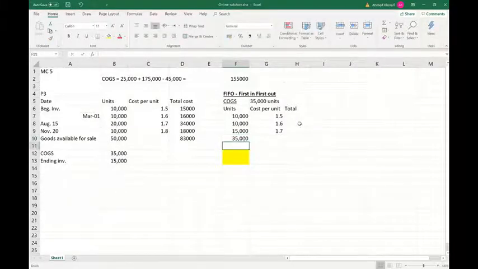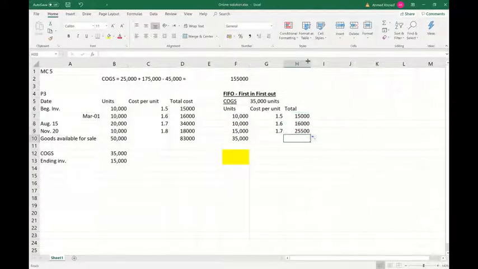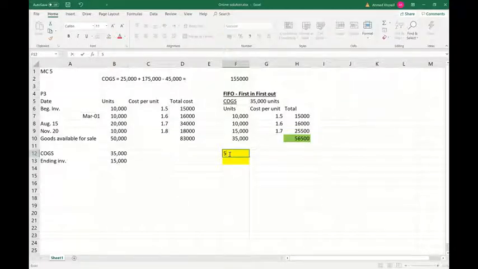So we need the cost of these items. Just multiply the units by the cost per unit, then you get the total cost. This total is 56,500, which is the cost of goods sold according to FIFO. Now we need the cost of inventory, which can be calculated as the remaining balance.